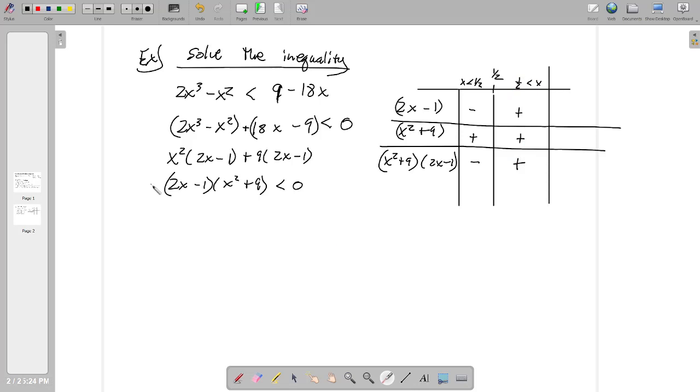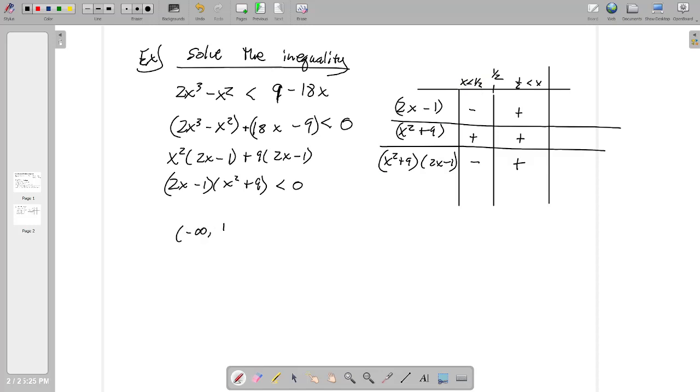So we go back to our inequality, and we say, all right, which of these signs satisfy this inequality? When x is less than 1/2, we have a negative value. Is a negative value less than 0? Yes. So every value within this region where x is less than 1/2 will be a solution to this inequality.